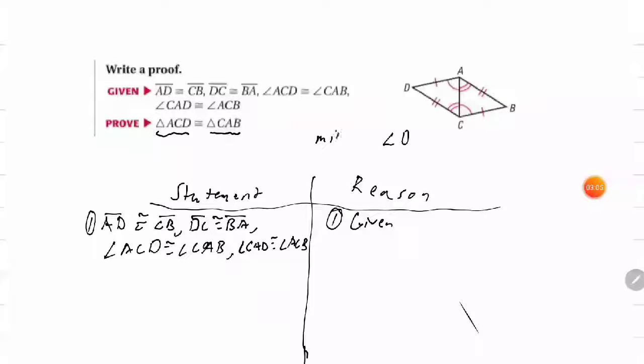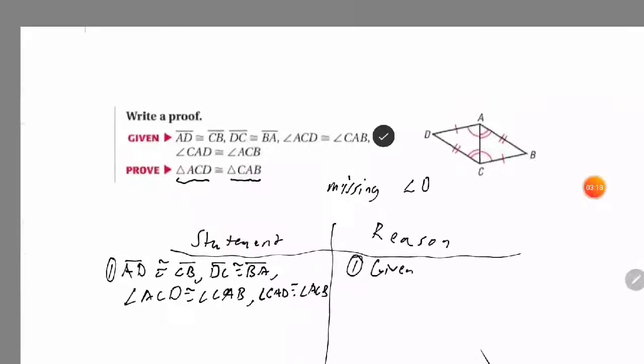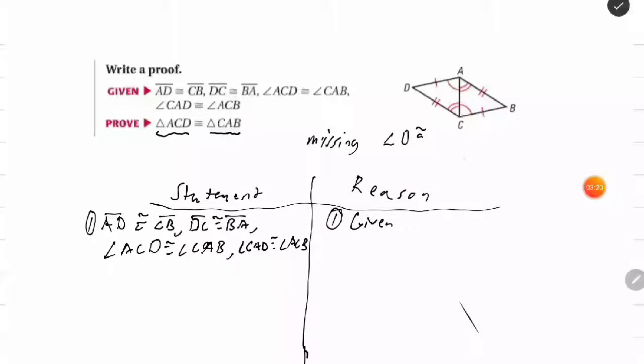So I'm missing angle D is congruent to angle B. What else are we missing? We have one side here, two sides here.